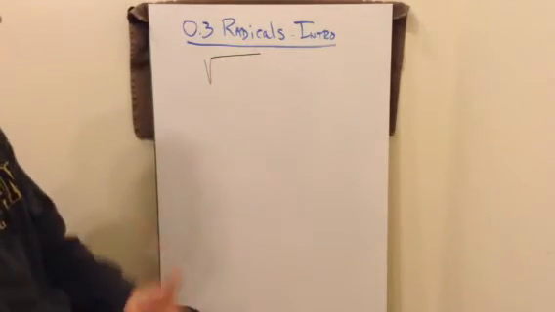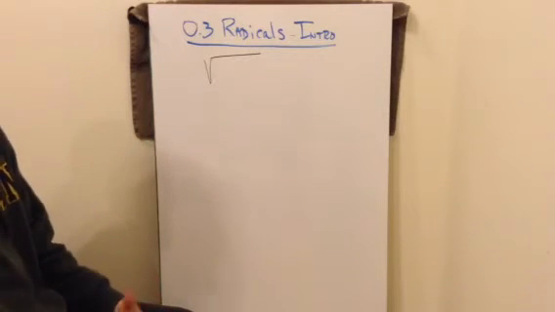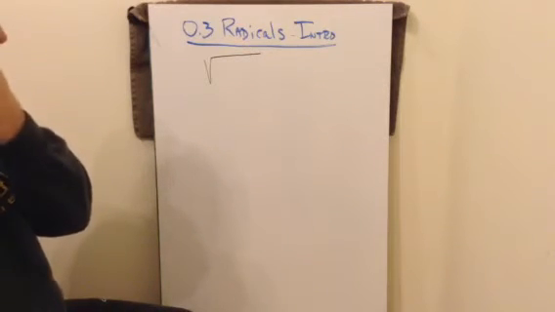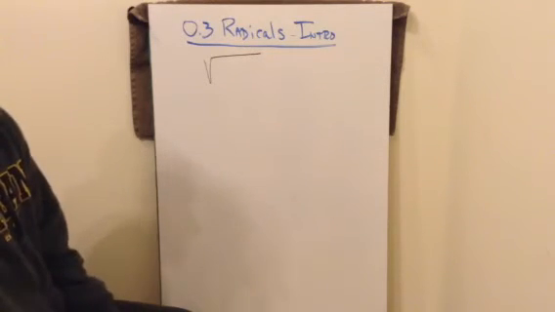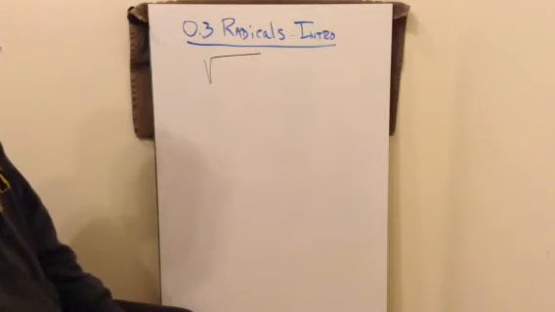Anytime it has this, it's a radical expression. If it has an equal sign, then it's going to be a radical function or radical equation, and there are different processes for both. As we proceed, terminology will be key. I will say phrases again and again, and we want to be able to understand what I'm talking about.